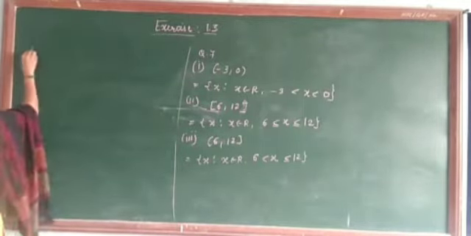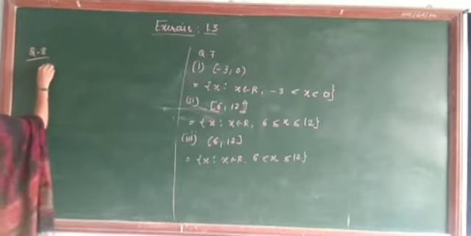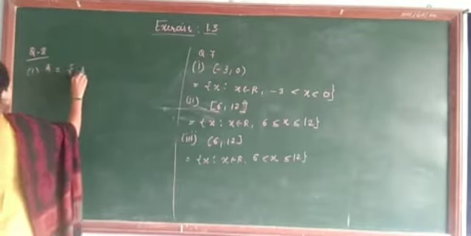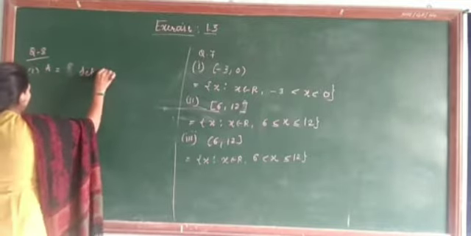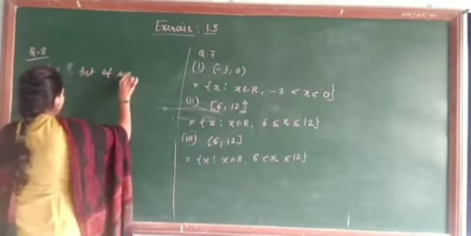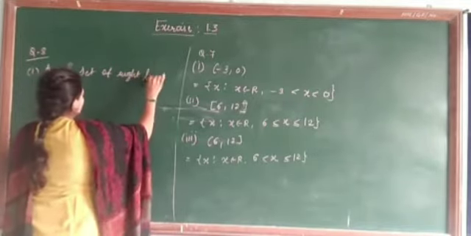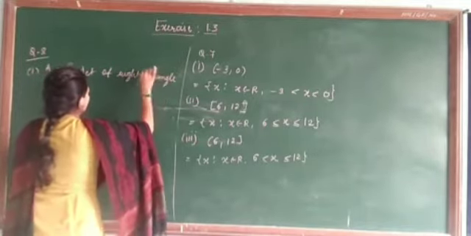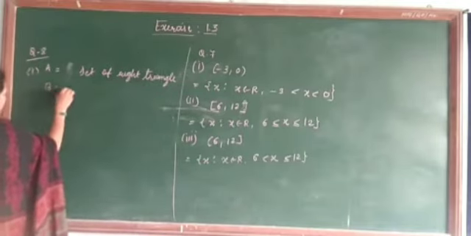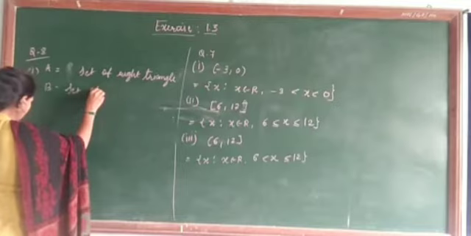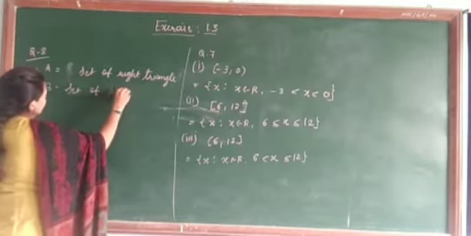So let me write down question number 8. The first one is that A is equal to the set of right angle triangle and B is equal to the set of isosceles triangle.